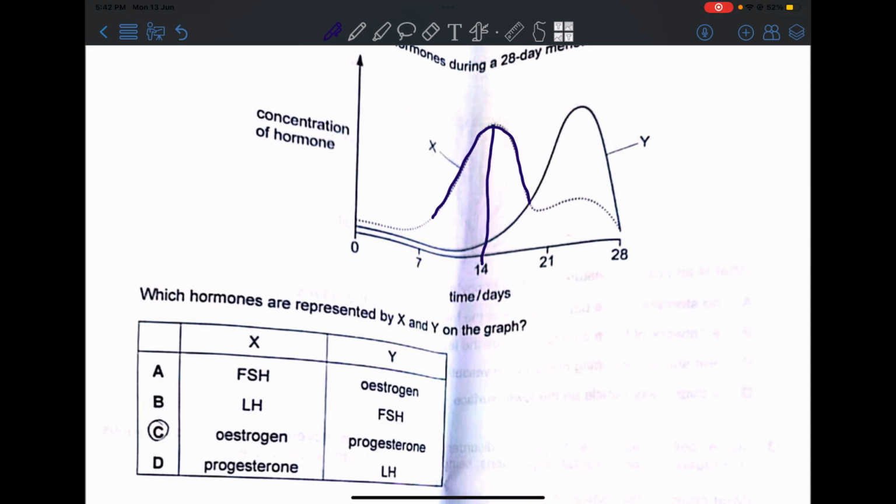So it's going to decrease after ovulation because, as we know, estrogen is secreted by the ovum. So it's going to decrease after the ovum is burst. Now we know that the progesterone will rapidly increase to actually maintain, and it's going to repair the endometrium lining. So it's going to be C for our answer.